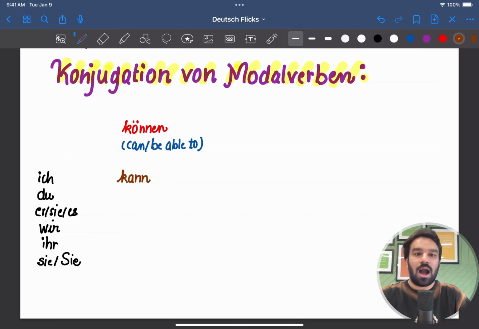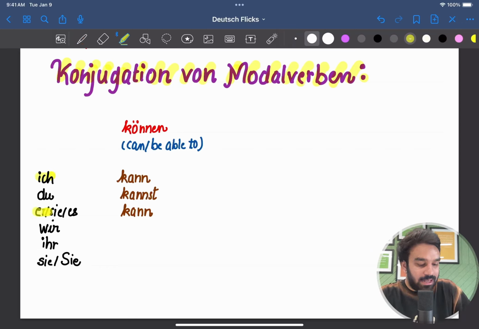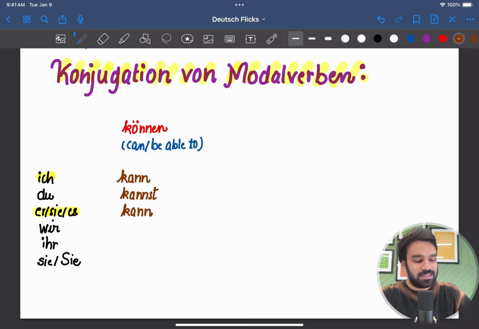Ich kann. Now with du we add st. So we'll say kannst. With er, sie, es, we add t at the end, right? But here we will not add t at the end. So conjugation with ich and er, sie, es for all the modal verbs will be the same. This is one of the golden rules. With wir and sie, Sie, they are always sorted.